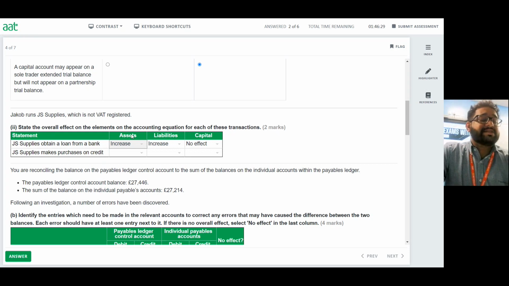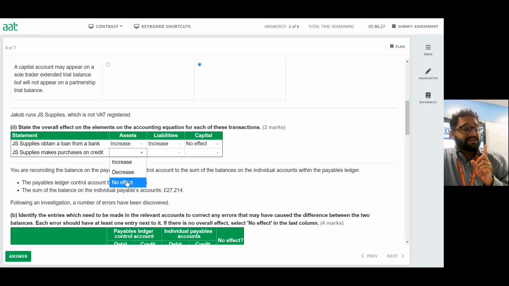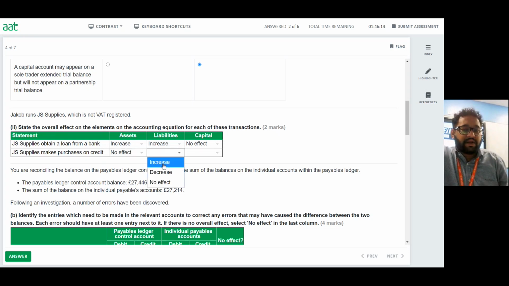It's not going to change your assets as of yet because your assets will not show until you do the year-end adjustment. At that point, when we do these transactions, there is no change in your assets, but your liabilities will increase because your PLCA will have a credit entry that is going to increase it.